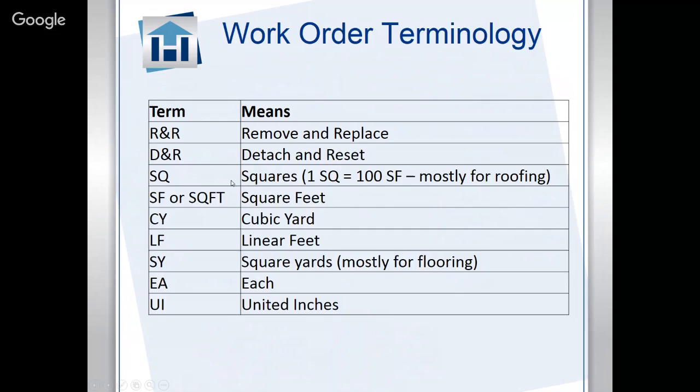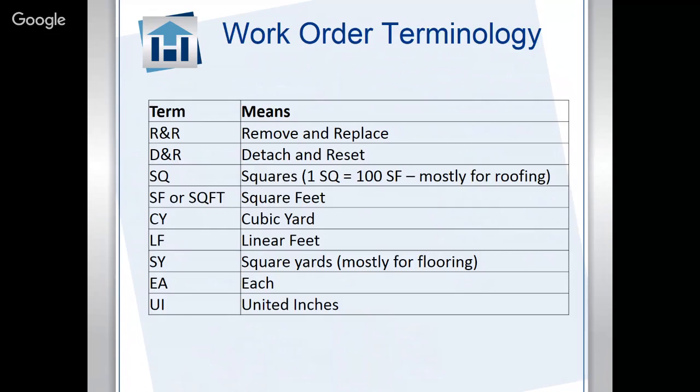Squares, SQ. Most of us know what square feet is. That's the one right below it here. But when it comes to SQ or squares, many of us will feel that square feet and squares are the same thing, and the truth is they are not. They're really different. 1 square is equal to 100 square feet. So there's a 1 to 100 difference in measurement.